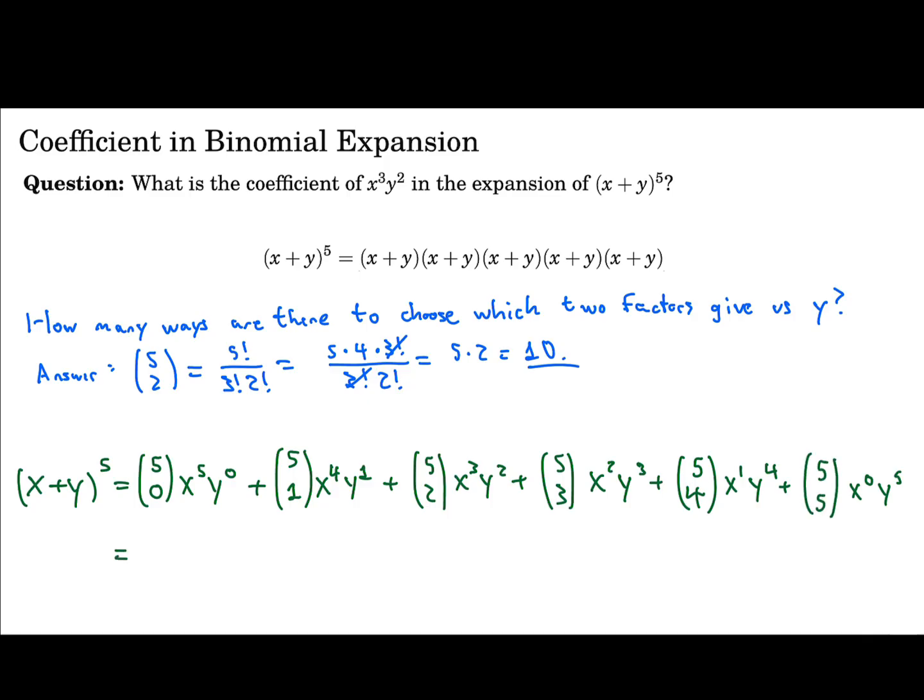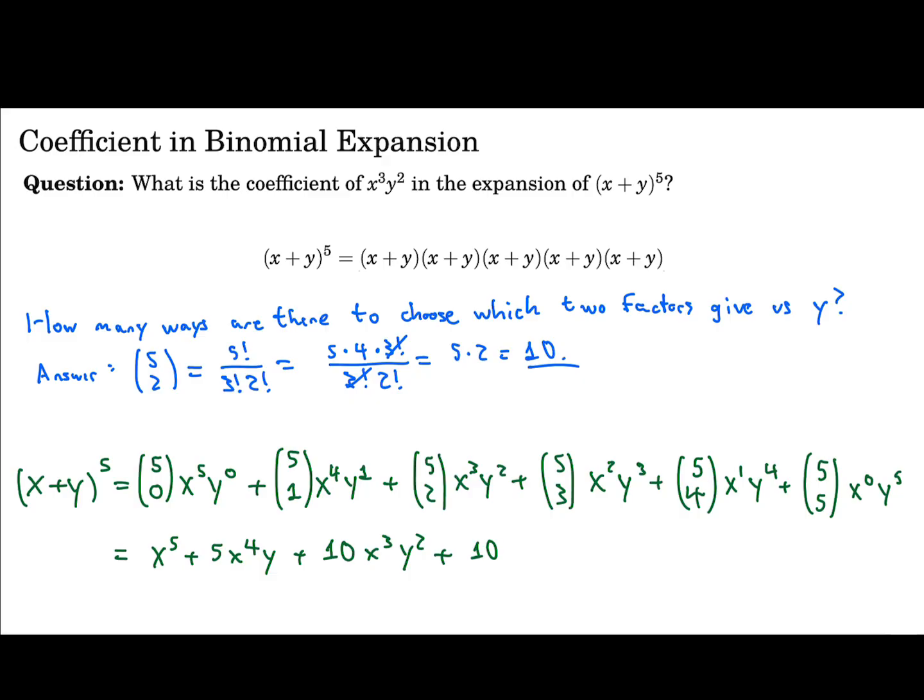Okay. And if you solve for this, 5 choose 0 is going to be 1. So this will just be 1 times x to the 5 y to the 0, and y to the power of 0 is 1, so let's just write this out like this, x to the 5. 5 choose 1 is going to be 5. It'll be 5 x to the 4 y, plus 5 choose 2 is 10 that we just saw, x cubed y squared. 5 choose 3 will be 10 also, and that's not a coincidence.